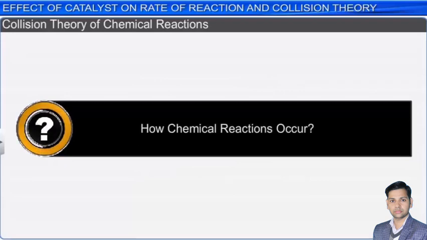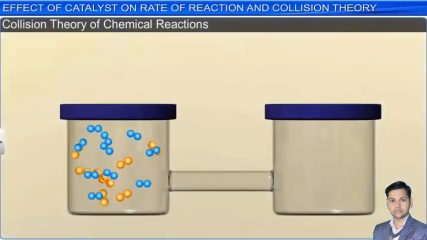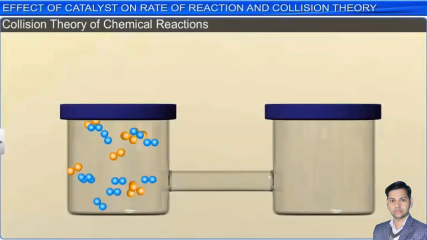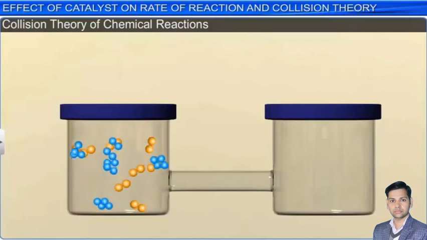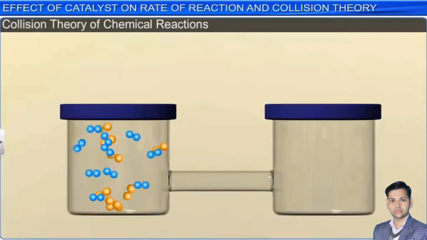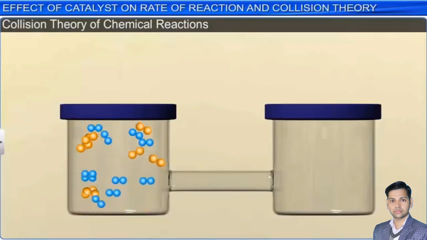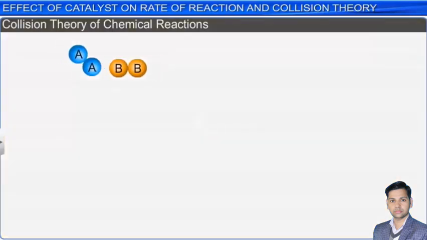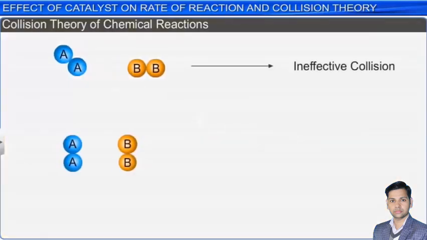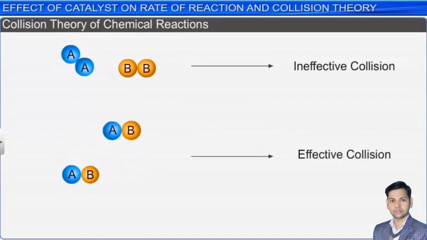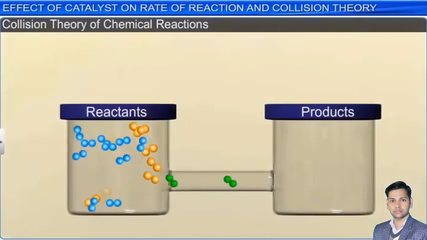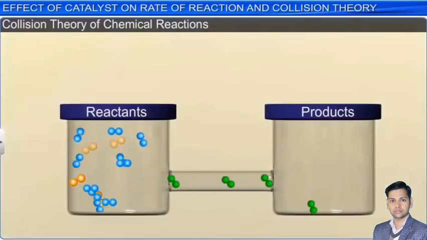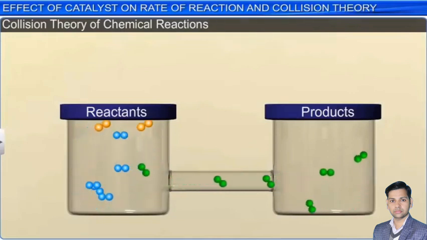According to this theory, chemical reactions occur when the hard, spherical molecules of reactants collide with each other. Also, the reactant particles must collide not only with sufficient energy, but also with the correct orientation. Such collisions are referred to as effective collisions. These collisions lead to the formation of the product.